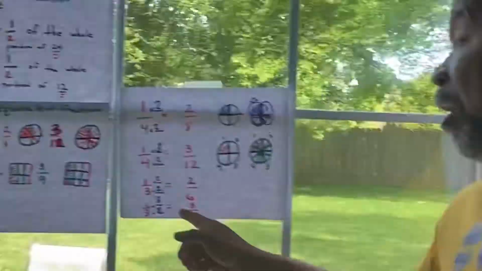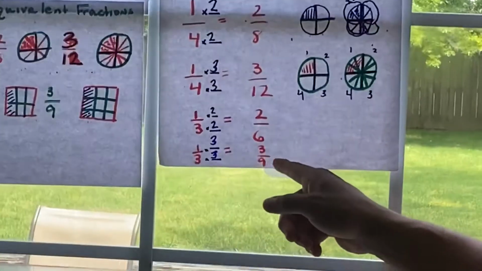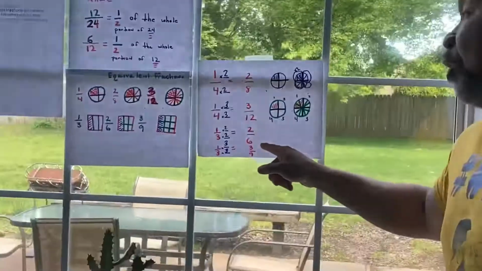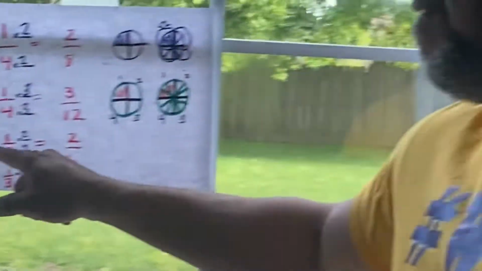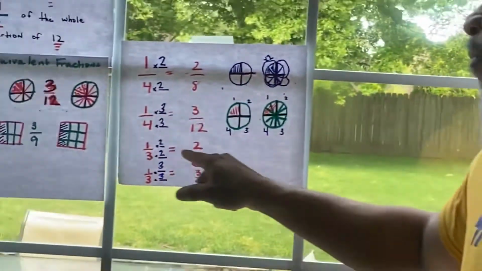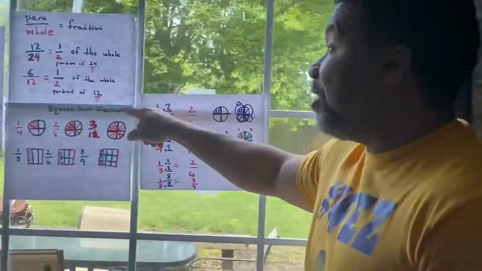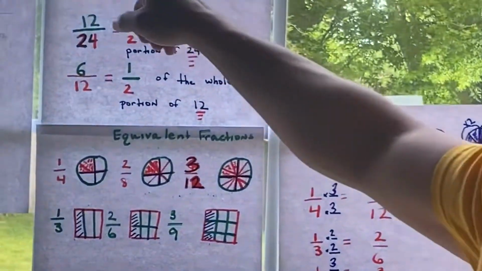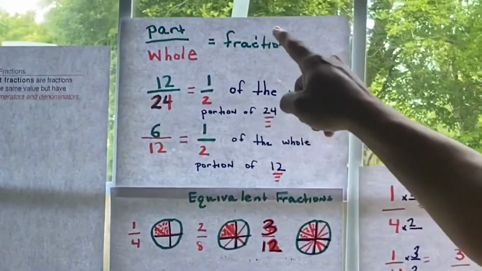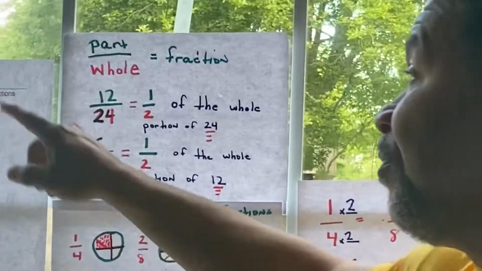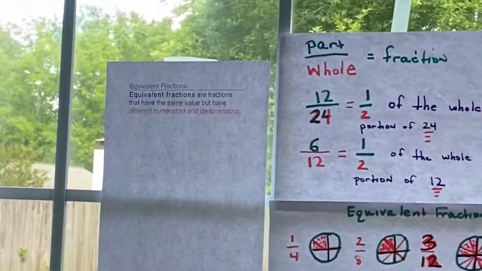Same value, different denominators, different numerators. Equivalent fractions. Part over whole equals a fraction.